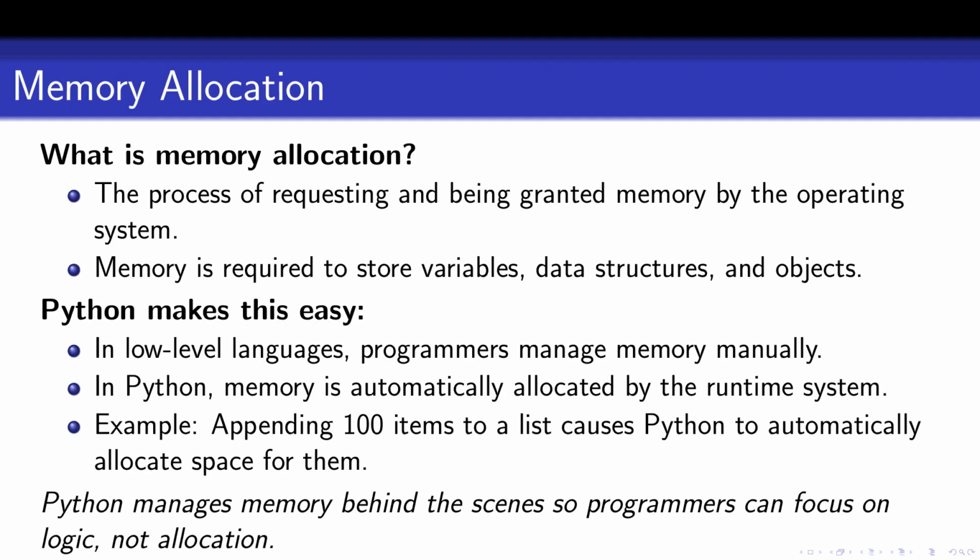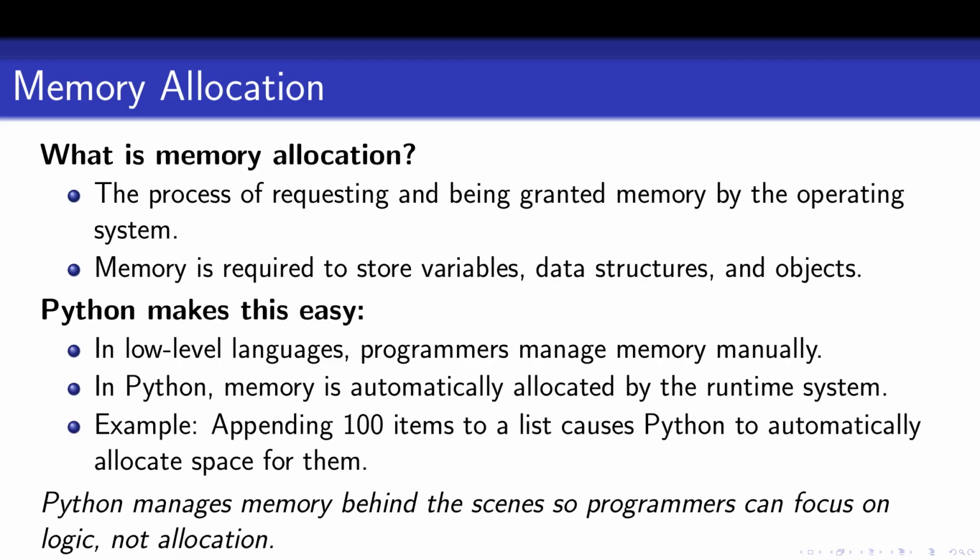Behind the scenes, Python handles memory allocation so you don't have to manage it manually. When you create variables, lists, objects, or any other structure, Python automatically requests and organizes memory from the operating system. In contrast to low-level languages like C or C++, where programmers have to explicitly allocate and free memory, Python handles this automatically.